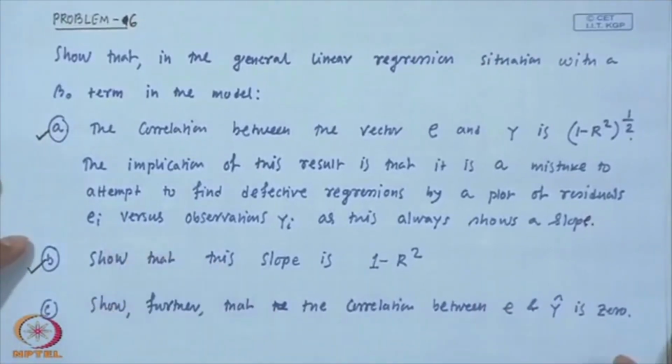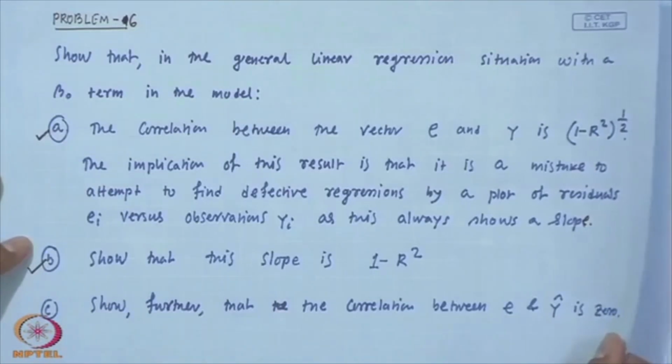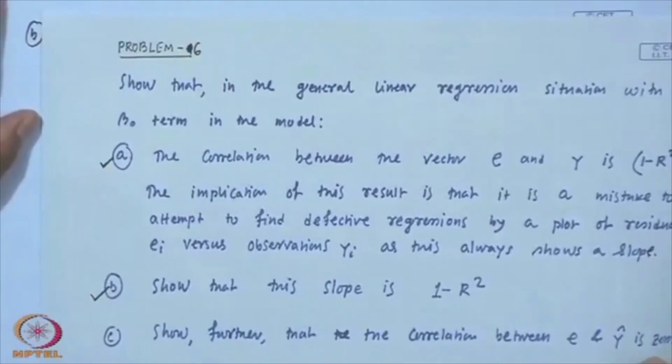And the third part of this question is that, further, the correlation between E and y hat is equal to 0. See, in the residual plot, we plot E against y hat, because their correlation is 0. We have to prove that now. Maybe I have proved this during the class also.